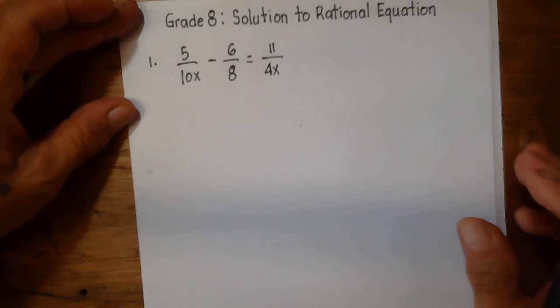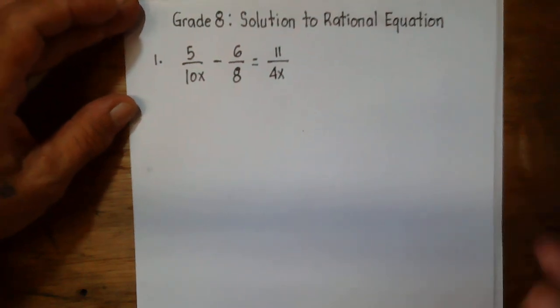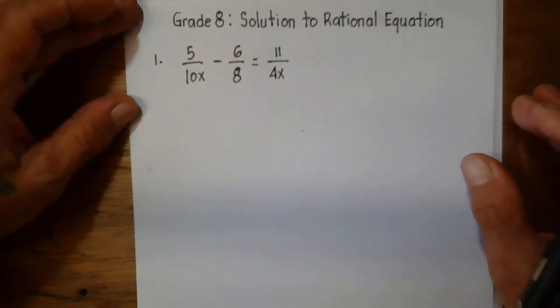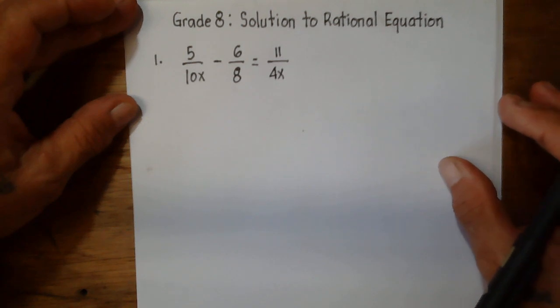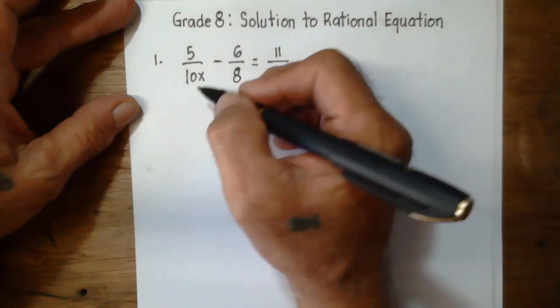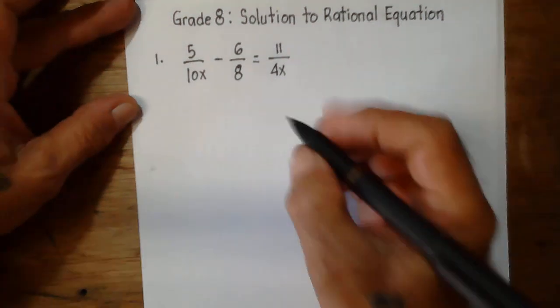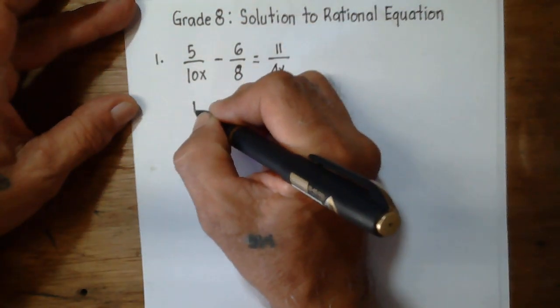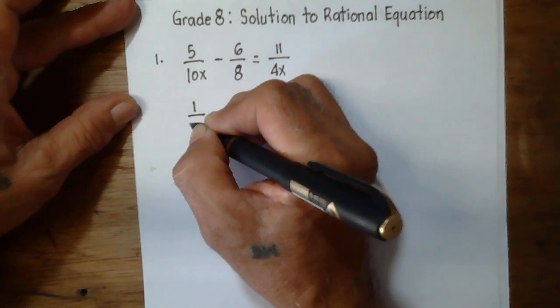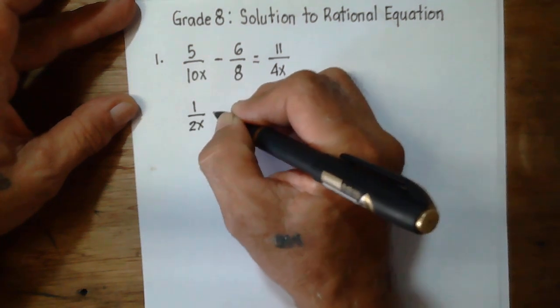Now, before we proceed with the process of solving this rational equation, we need to simplify terms. What are the terms that we see that can be simplified? First, we have 5 over 10x, and this can be written as 1 over 2x.